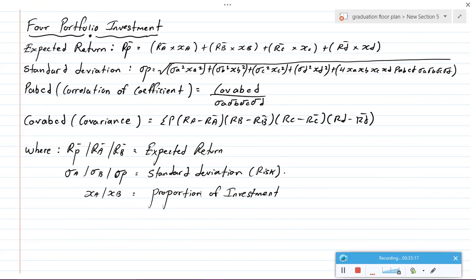And what is the return here? 10, 14, 20, correct? Now, what is meant by PRA? Probability times what? The return, the RA.